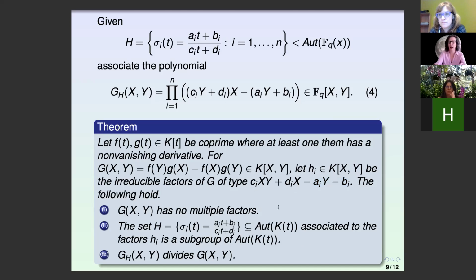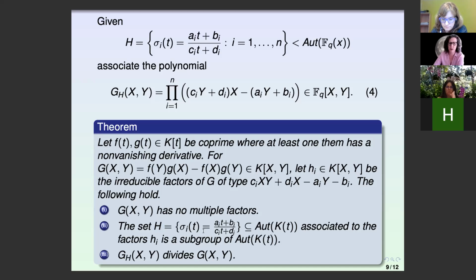So you have your curve of that shape, you collect your irreducible factors that are conics and lines, and you can associate to these irreducible factors a certain set that is actually a group. So that's a very nice thing.